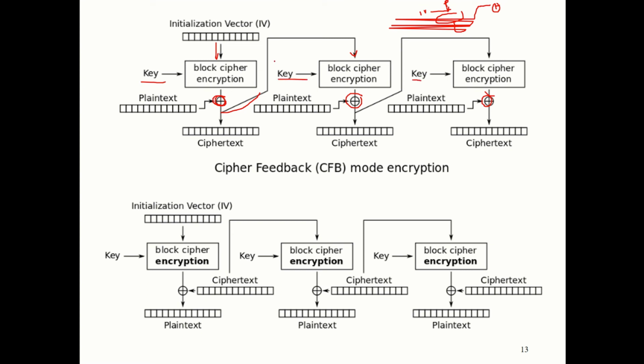The only difference is that the XOR is after the encryption, and you encrypt the initialization vector first, not the plain text. The plain text is XORed with the output from the encryption of the initialization vector, and you keep going that way. This is how you can notice the difference between them.